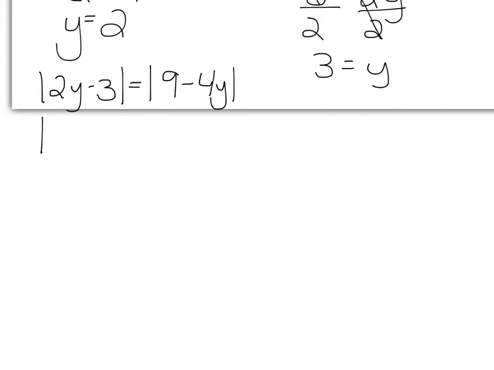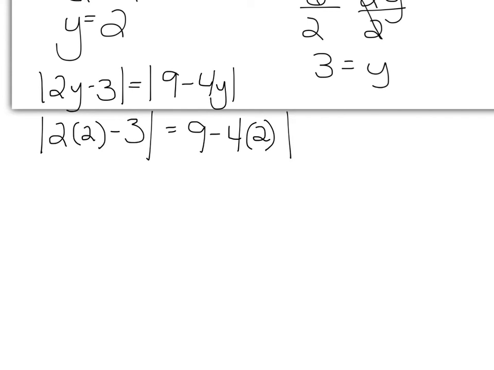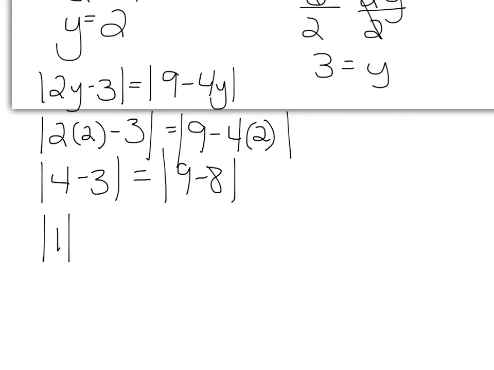So when I plug back into this, I get the absolute value of 2 times 2 minus 3 is equal to the absolute value of 9 minus 4 times 2. So this is the absolute value of 4 minus 3 is equal to the absolute value of 9 minus 8, which gives us the absolute value of 1 is equal to the absolute value of 1, which is absolutely true.